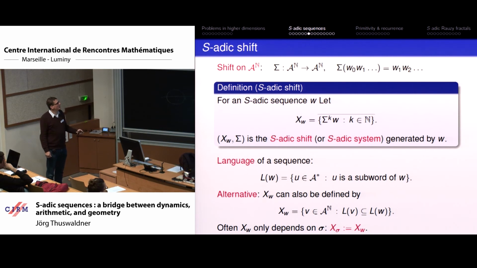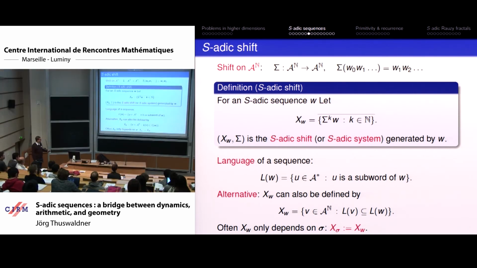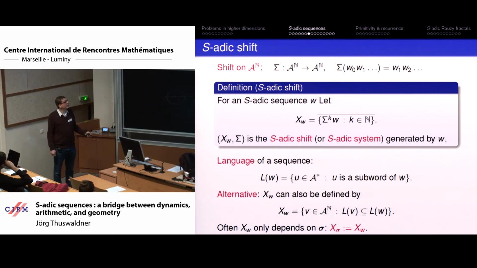This X_W can be defined in a different way. If you call the set of all finite subwords of a sequence the language of this sequence, then it is just an easy exercise to prove that this orbit closure can be defined as the set of all sequences whose language is a subset of the language of W. This is the same definition.